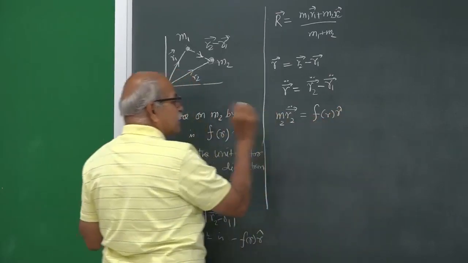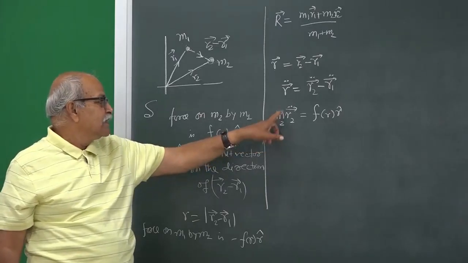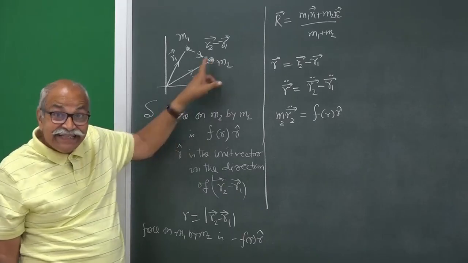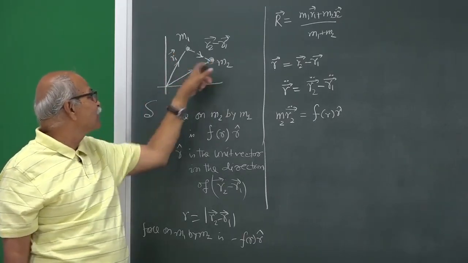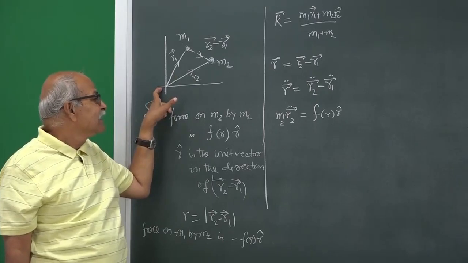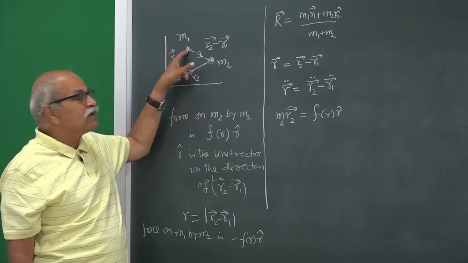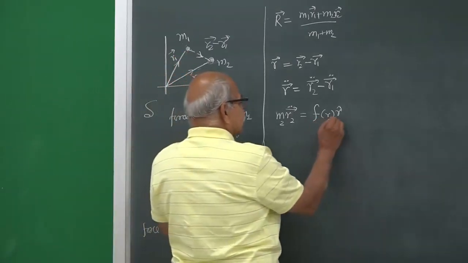Because r1 and r2 are measured from this inertial frame, the force on this particle is only because of m1, and that is Fr r cap.